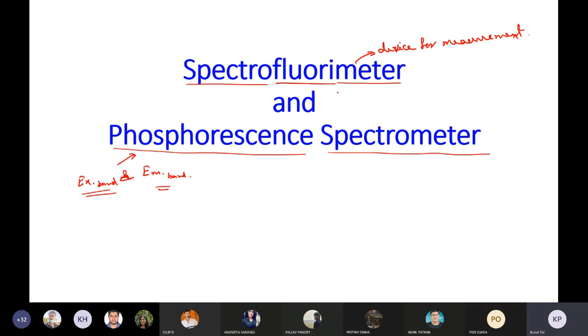Now, what is the difference? In fluorescence, if you look into the time of excitation and time of emission, it is in the picoseconds to nanoseconds range.